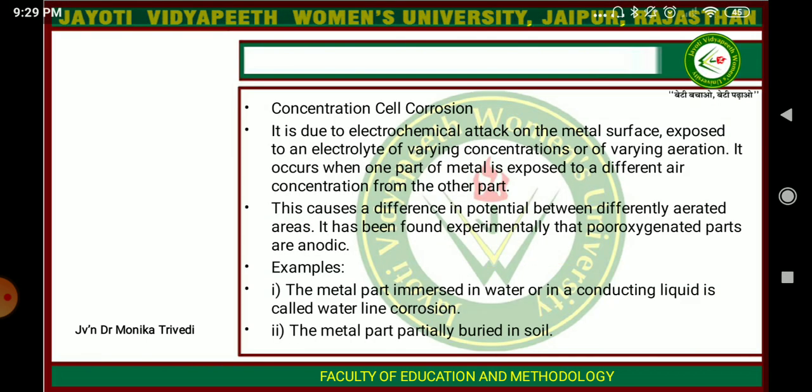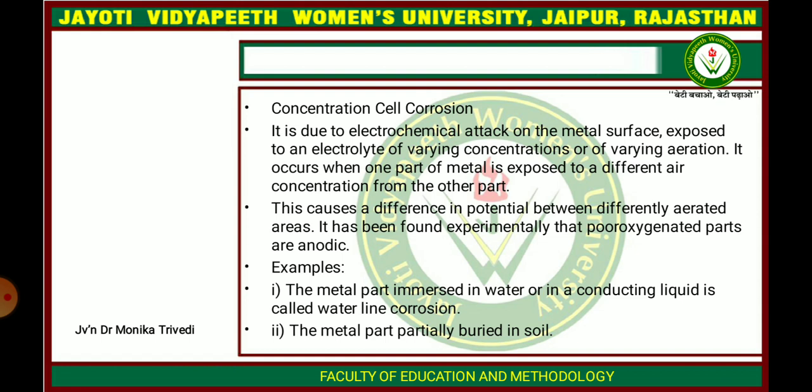Concentration cell corrosion is due to electrochemical attack on a metal surface exposed to an electrolyte of varying concentration or varying aeration. It occurs when one part of the metal is exposed to a different air concentration from the other parts.